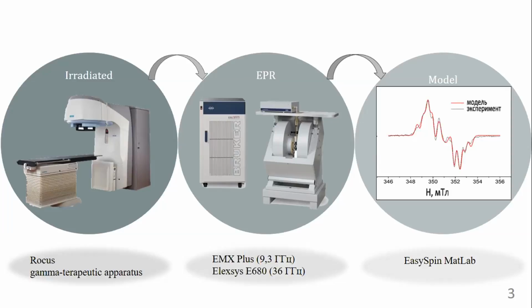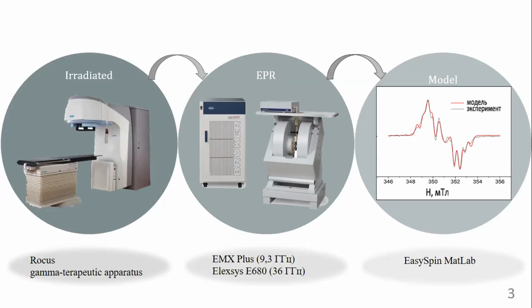Using different radiation doses and analyzing EPR spectroscopy in the X and Q bands, it turned out to be possible to decompose the hyperfine interaction with the structure of calcium gluconate.